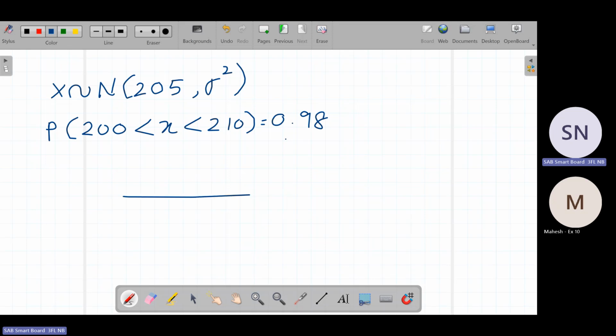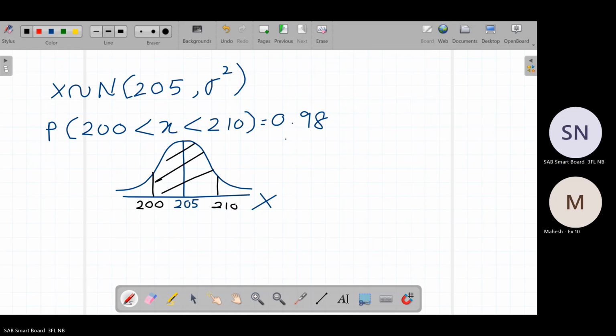Then you can draw the normal curve. Middle point is 205. Then question is given in between 200 and 210. It means this area. What is the probability? 0.98. Totally 0.98.